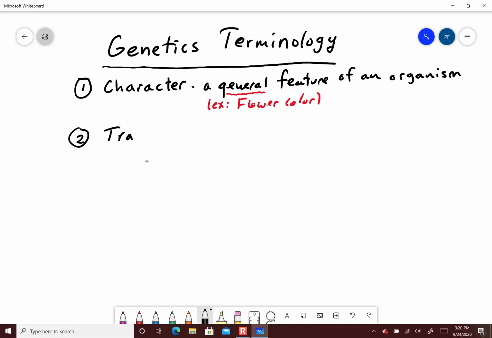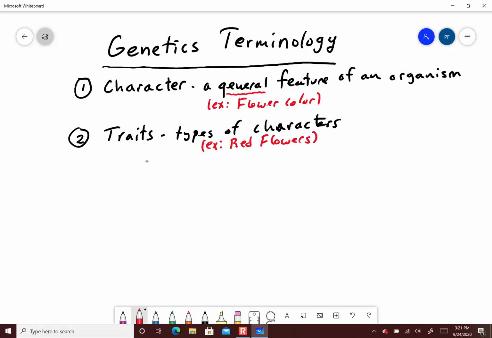Okay, and then we can look at what are called traits. Traits are types of characters, so these are more specific. These are types of characters we would see in organisms. An example here would be something like red flowers. We're not just generically saying this plant makes flowers with some kind of color.